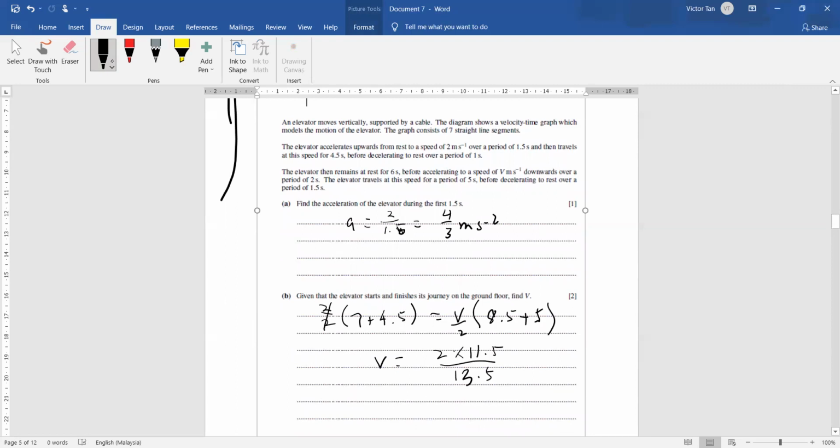So you don't get an exact value. So I'm going to put the answer as a fraction. 6 over 27 meters per second.